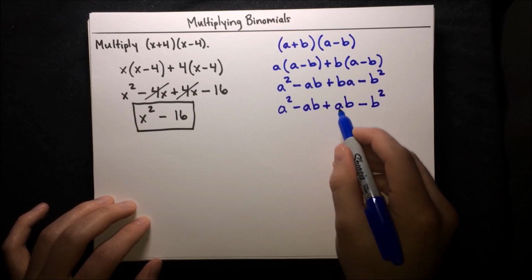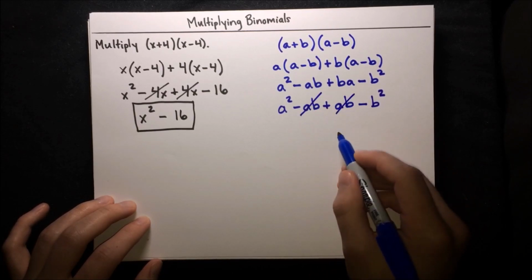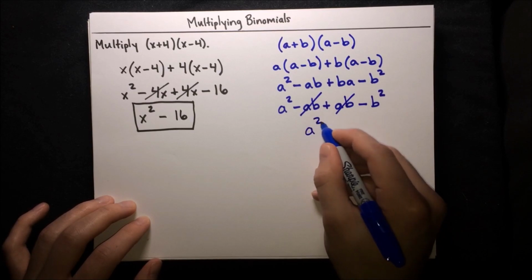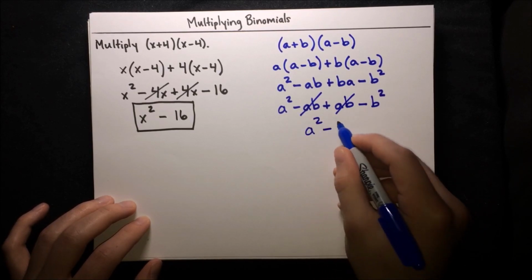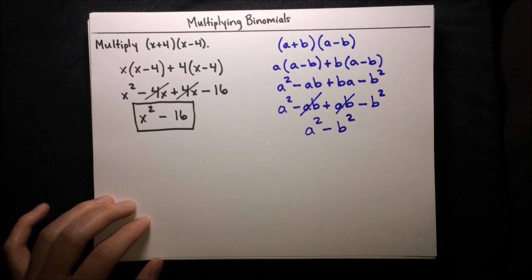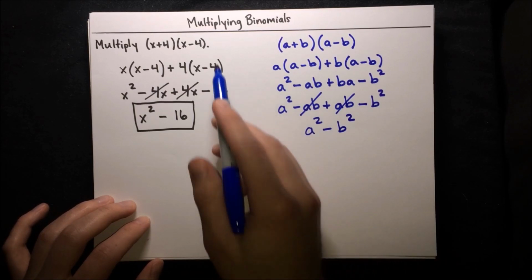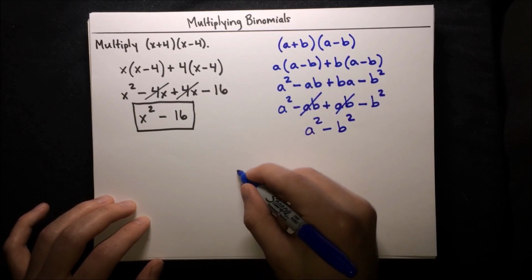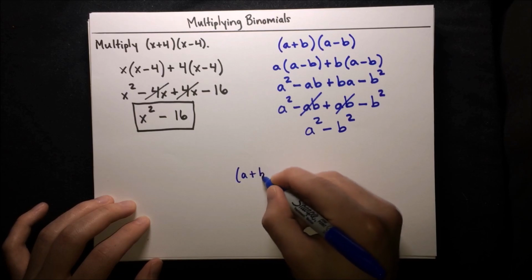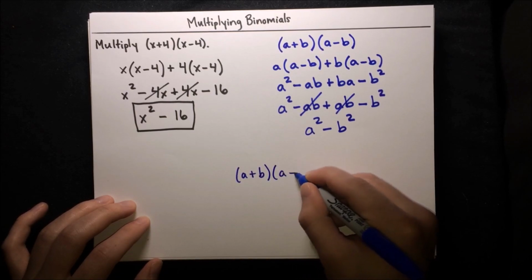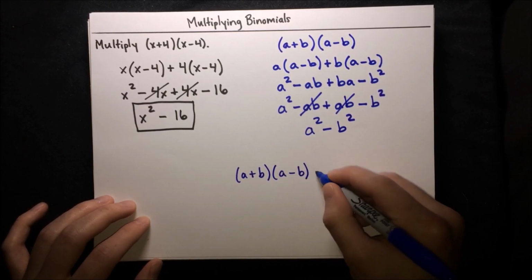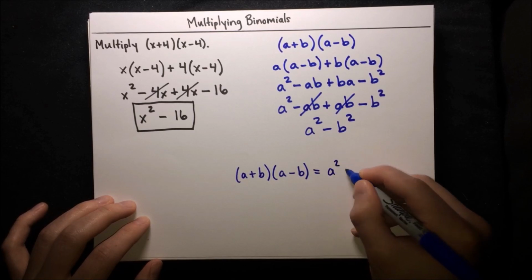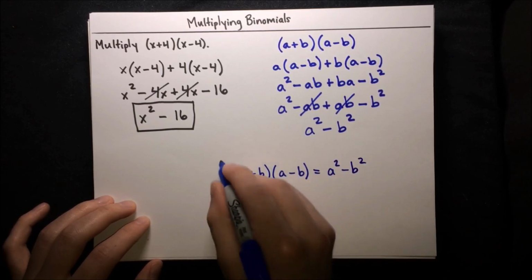Minus ab plus ab, these cancel out. So we just have a squared and then minus b squared. So we do have a nice general rule. Whenever we are multiplying binomials of the form a plus b, a minus b, then we do get a squared minus b squared.